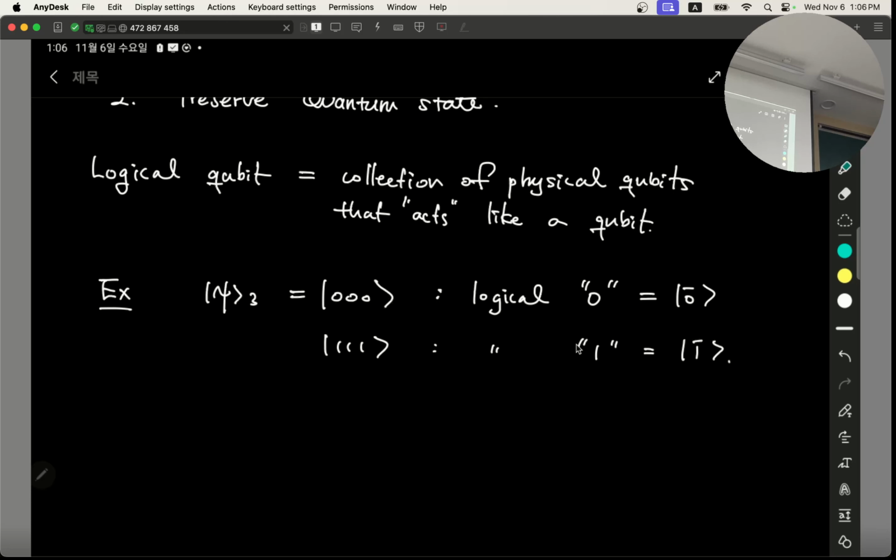Okay, so what's the problem here? The problem is, what if we have, say, 0 0 1, or 0 1 0, or 1 0 0?